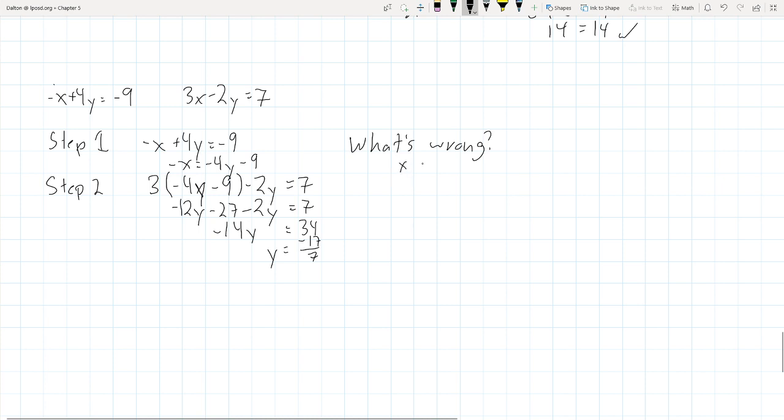So x isn't alone. It has the negative in there. So we need to divide slash multiply, whichever way you kind of think about it, by negative 1 in step 1. And that'll get you the right answer.